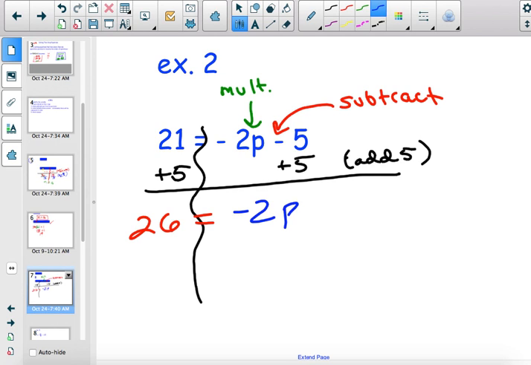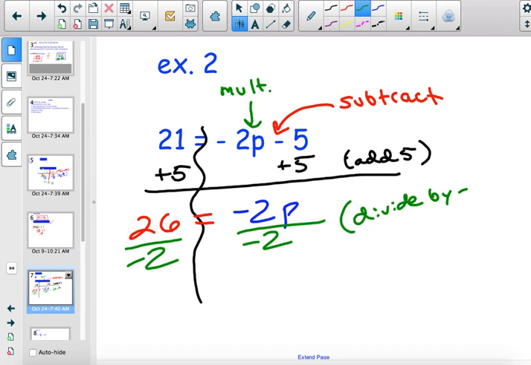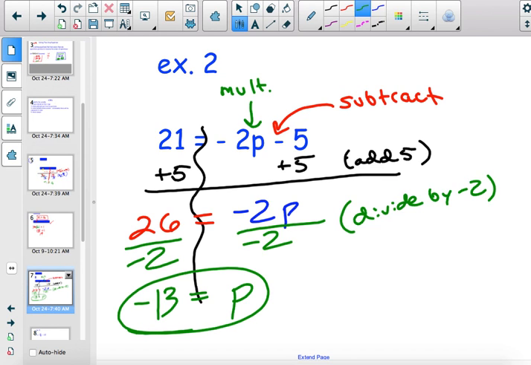What's the opposite of multiply by -2? So you're going to divide by -2 on both sides. P equals a positive -13. Your answer should be P equals -13.